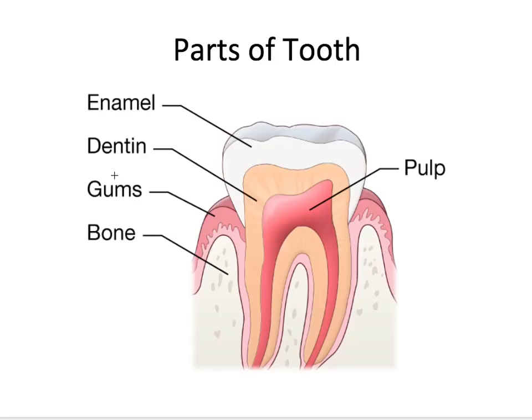For the next part, we'll talk about parts of the tooth. So now we're talking about the anatomy of a tooth specifically. What layers and things like that compose the teeth? So this picture is from the National Institute of Health, and it nicely, simply lays this stuff out.